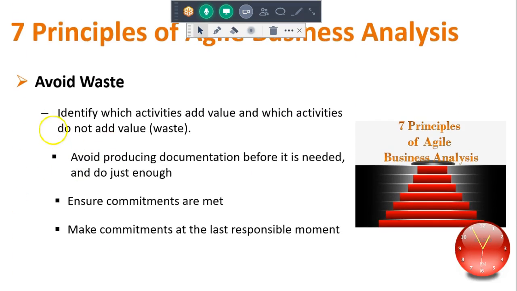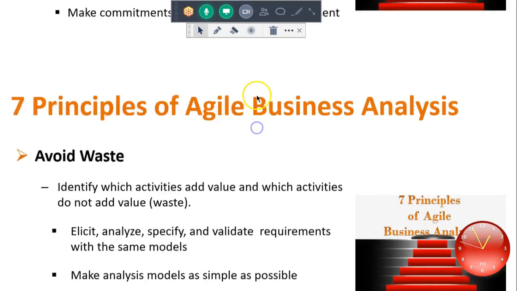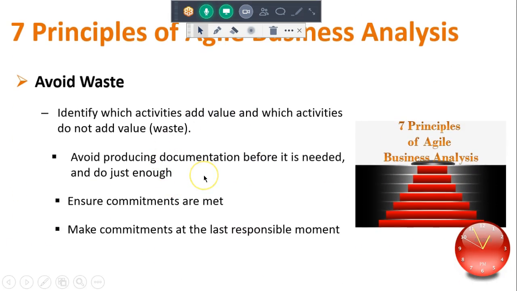Avoid waste. I've talked a lot about this already. It's determining what's going to add value and what does not add value. Avoid producing documentation before it's needed and just enough, particularly relevant to the BA space and the Agile BA space.